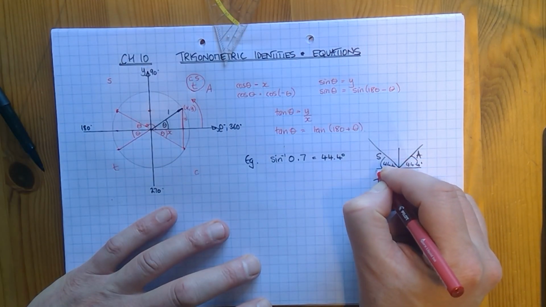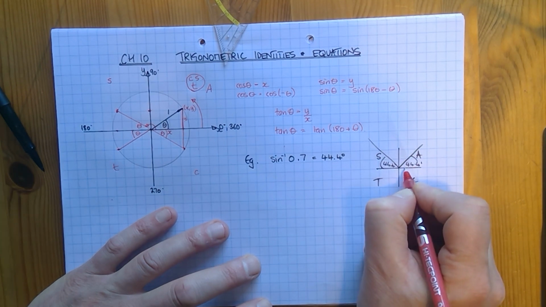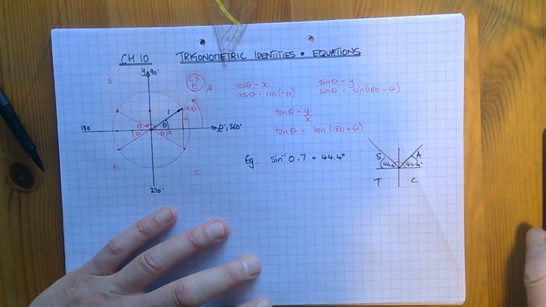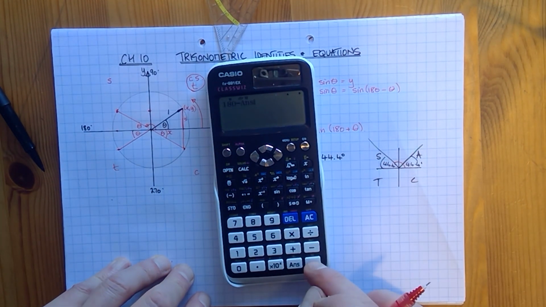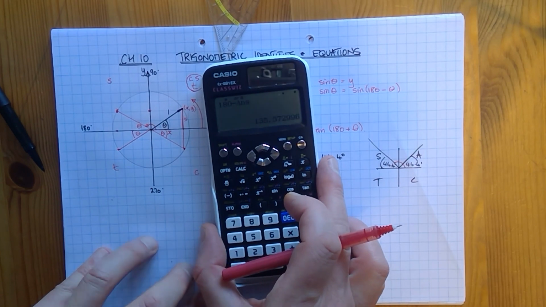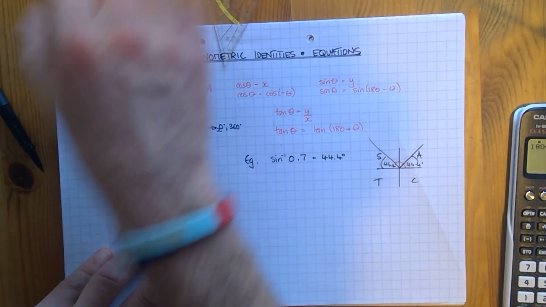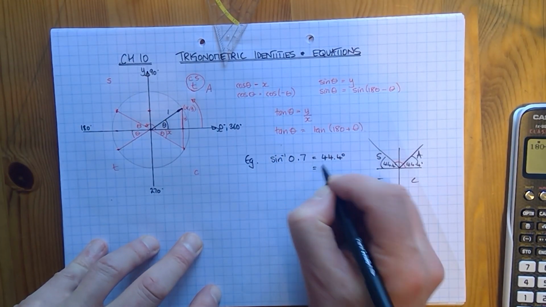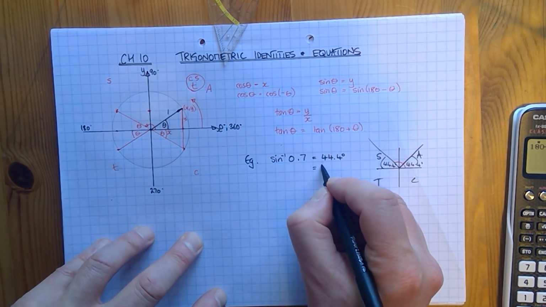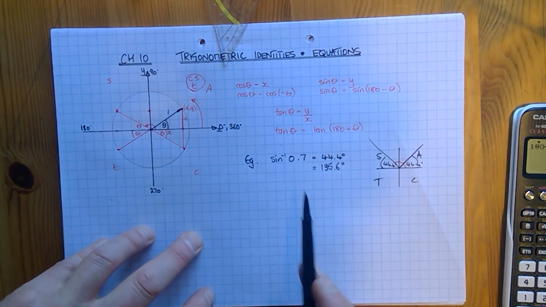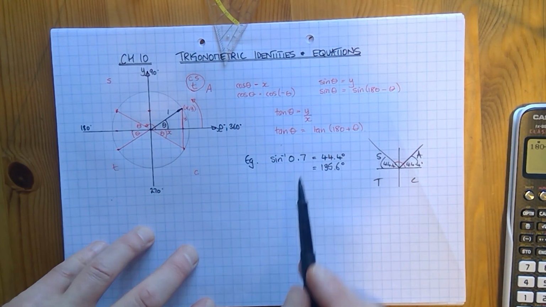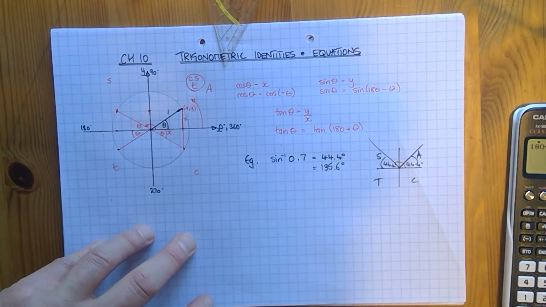But this angle here, if this is 180 and that's 44.4, this angle is 180 take away 44.4, which is 135.6. So arcsine of 0.7 is also 135.6 degrees. If you did sine 135.6, you would get 0.7.